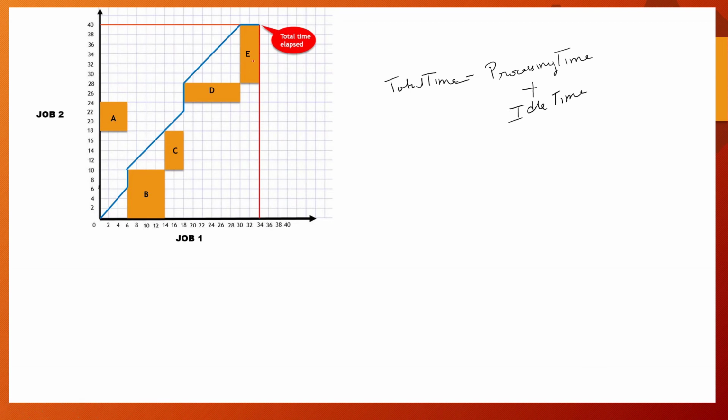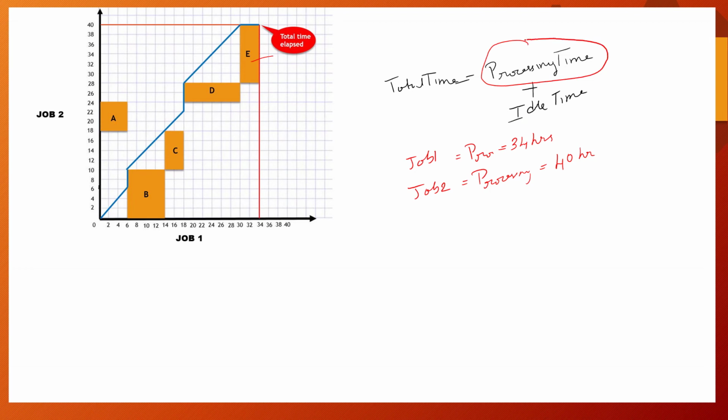So for job 1, the processing time is 34 hours. For job 2, the processing time is 40 hours.